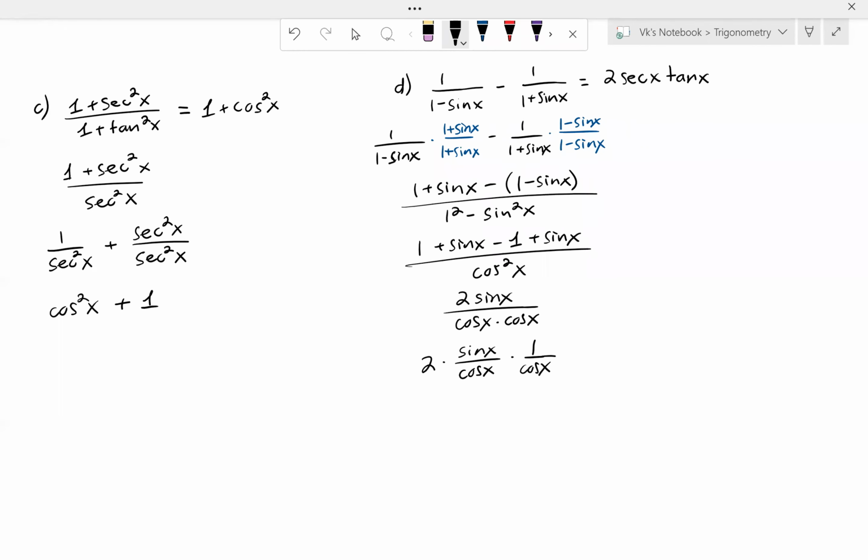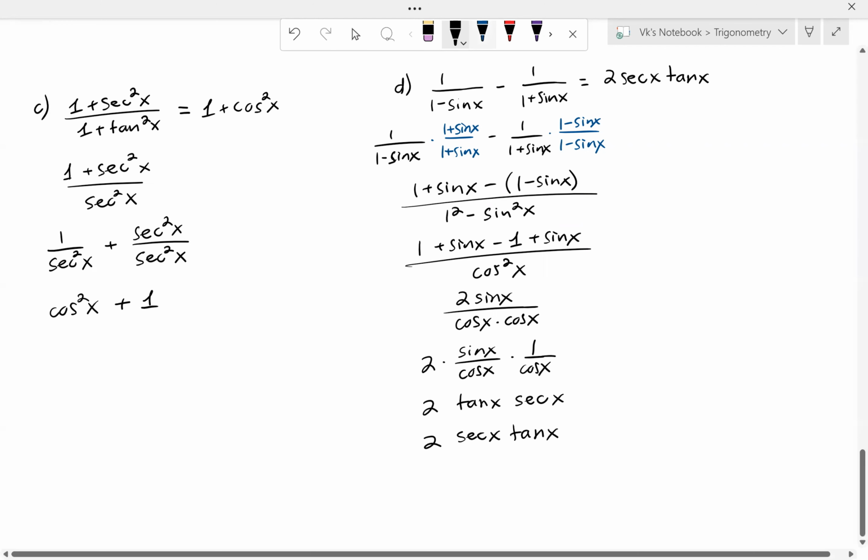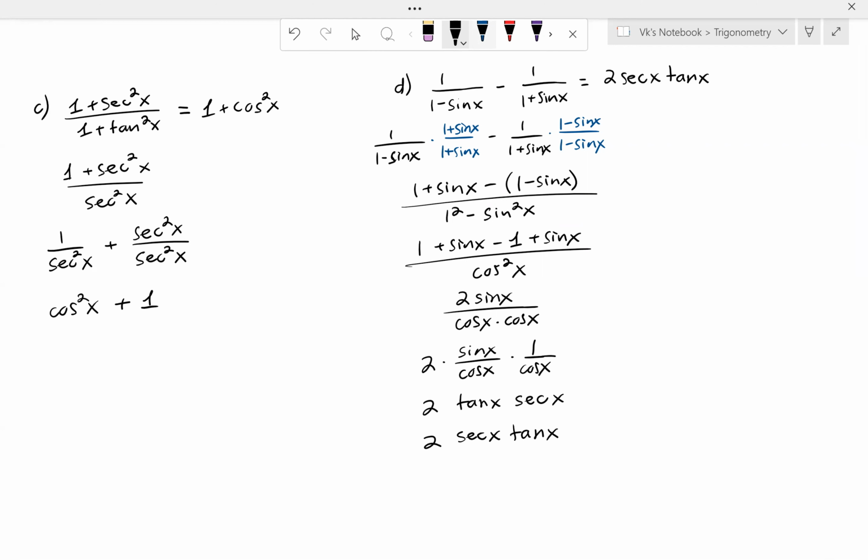Look at what we have here. 2 tangent x secant x. It is the same as 2 secant x tangent x, because we can move the terms around in a multiplication. That is it. It looks exactly like the right side. So we just verified this identity.